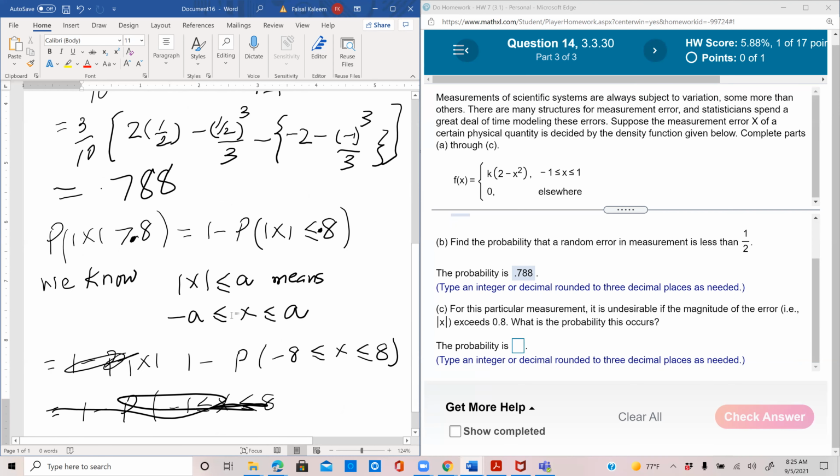And the reason is that if absolute x is less than or equal to a, that means that x is between negative a and a. So what we really need is 1 minus the probability x is between negative 0.8 and 0.8.